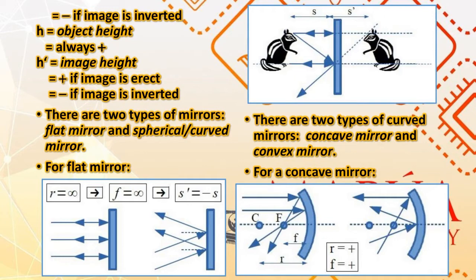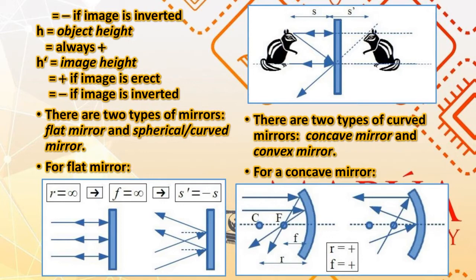Now, there are two types of mirrors to speak of: flat mirror and spherical mirror. Flat mirror, or plane mirror, you have a flat reflecting surface. We can consider the radius of curvature of the mirror to be infinite, which means the focal length, which is half the radius of curvature of the mirror, half of infinite is still infinite, so we can say the focal length of a flat mirror is infinite.